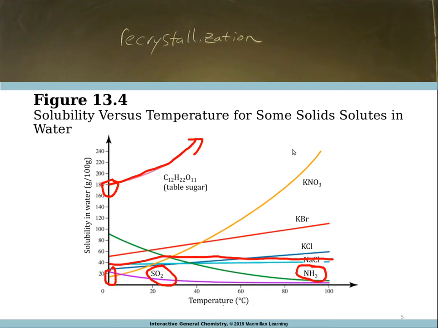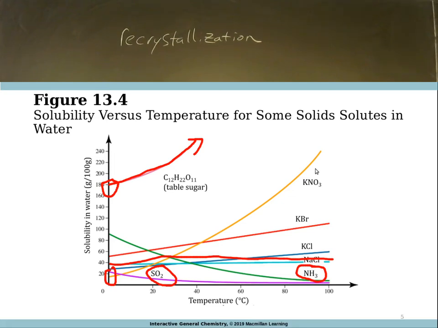And you'll pick a solvent that is going to dissolve all of your impurities, but your product is not very soluble in your solvent. And then you'll put the solvent in there and increase the temperature until everything dissolves, including your product. Once everything is dissolved, then you'll take that solution and put it on ice.